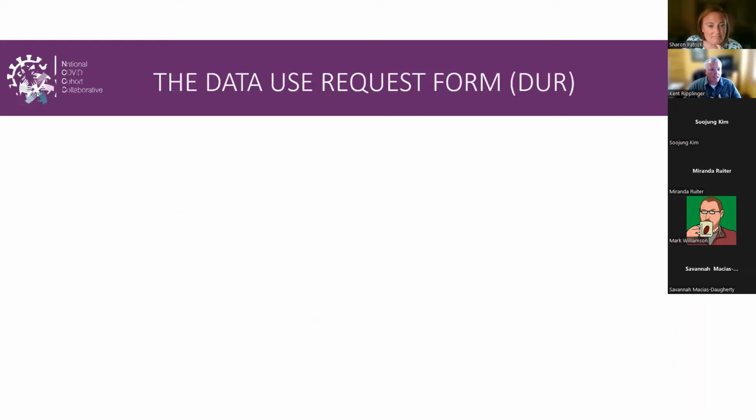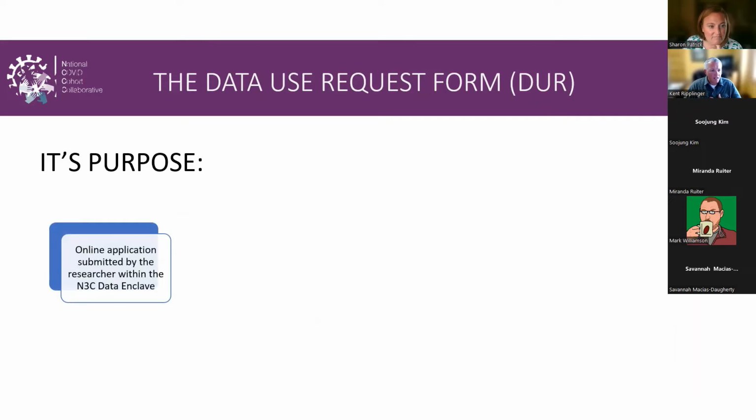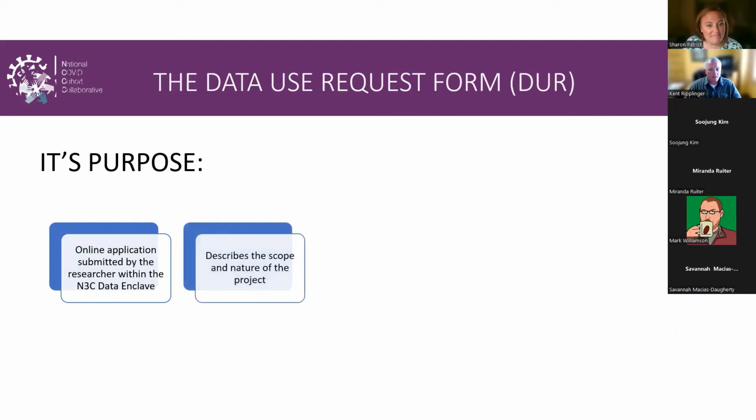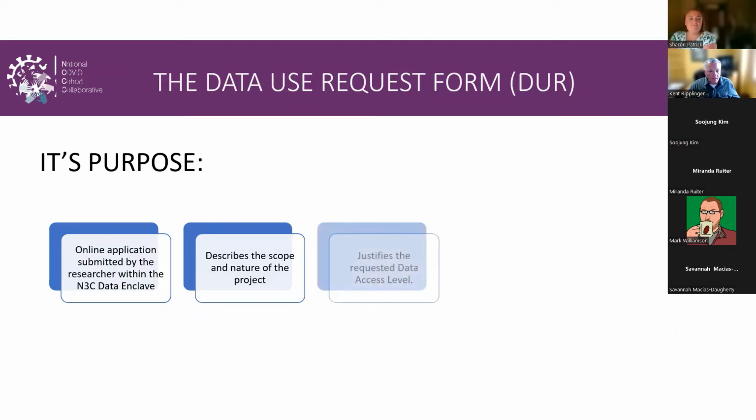So the data use request form. First of all, it's all done in the Enclave. So everything you do is done within the N3C. This will describe the scope and nature of the project. It also justifies the requested data access level.